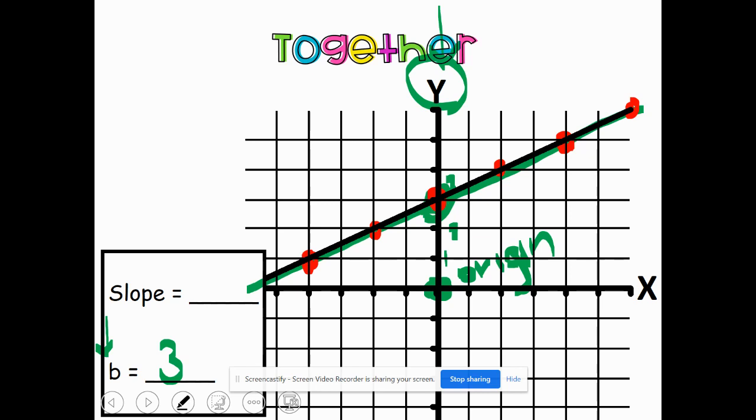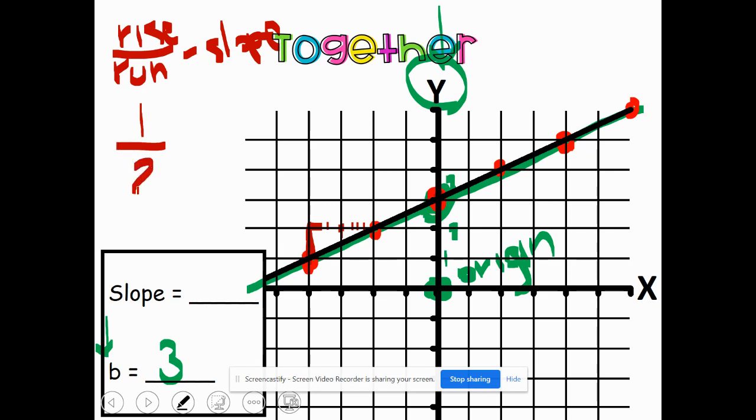Now I want to focus on the rise over run. Your slope is your rise over run. We found the y-intercept already. For the slope, I start from the point on the left, and I rise up 1, so I put 1 for my rise, and I run over 2 times, 1, 2.